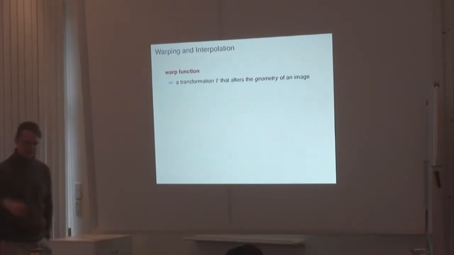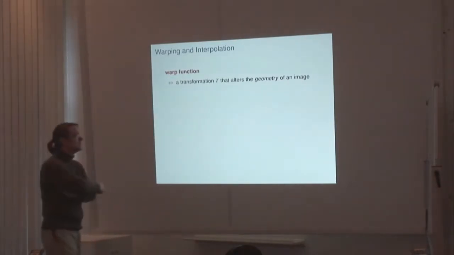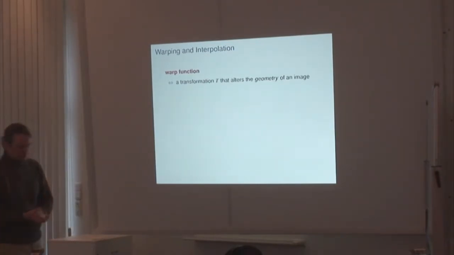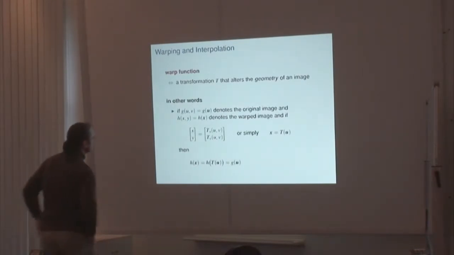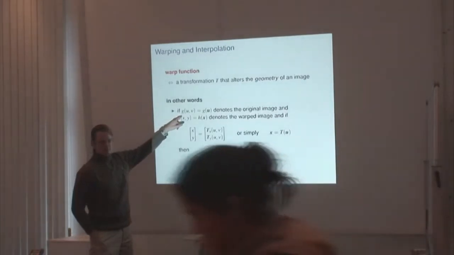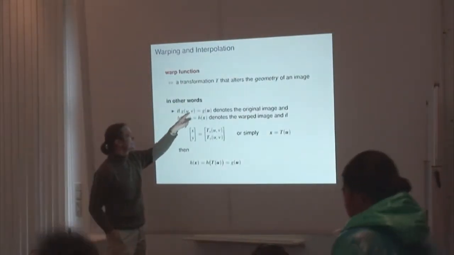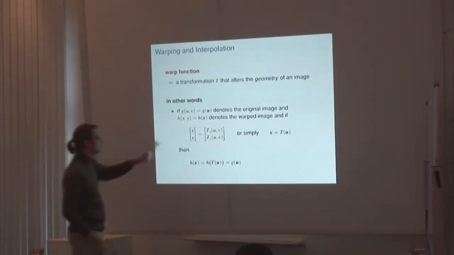And I say that a warp function is a transformation, let's say capital T, that alters the geometry of an image. So we are now concerned with transformations that do something to the coordinates over which an image is defined. In other words, if we are given an image, say g of u and v, or in a shorter way, I'll write the two-dimensional coordinates u and v as a coordinate vector u.